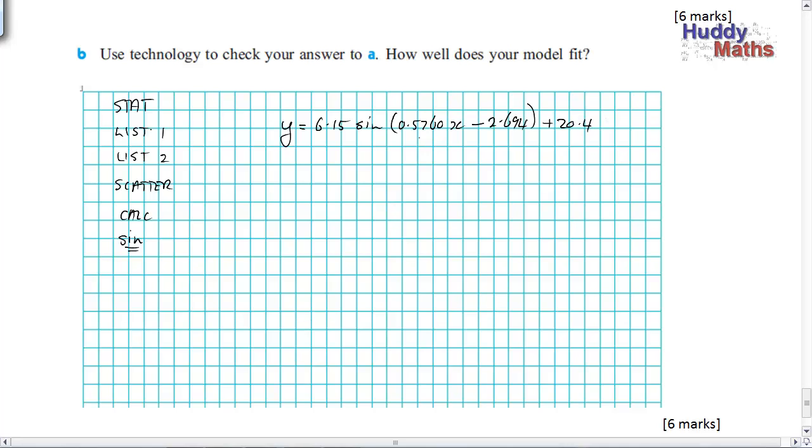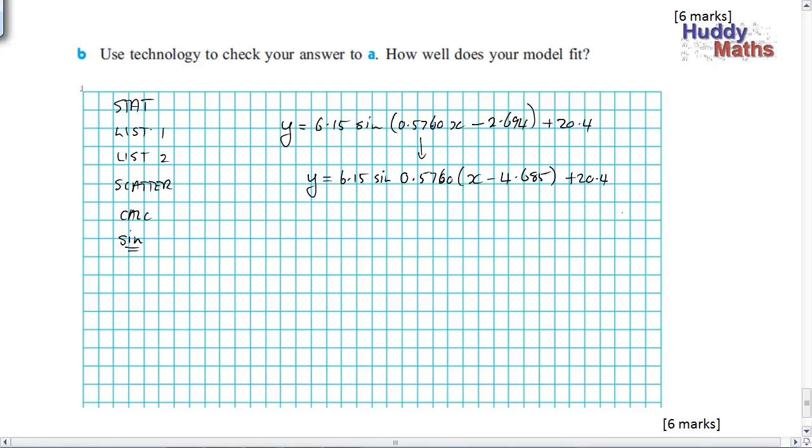So let's now change this. First of all, keep it in y and x land, 6.15. I'm going to take that b out as a factor so we can see the translation better. So taking that out as a factor, 0.576, it'll be x take, and 2.694 divided by that is negative 4.685 plus 20.4.